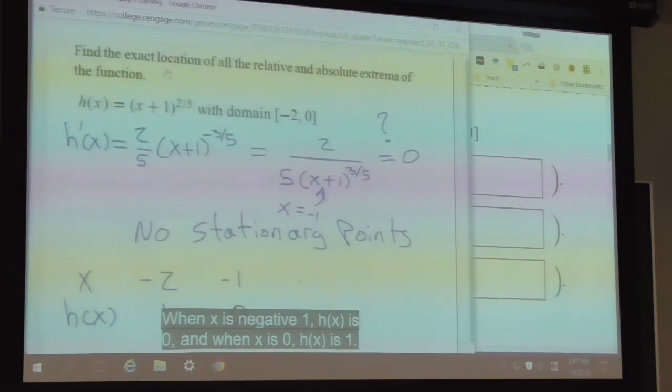The question doesn't actually ask that, it just asks where they are. But anyway, he's checking what h is when x is -2, what h is when x is -1, which is the singular point, and then what h is when x is 0. When x is 0, h of x is 1.